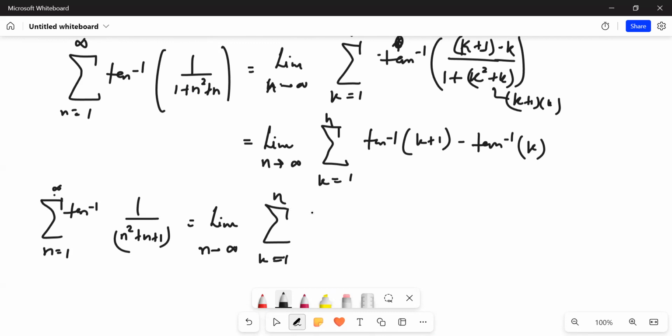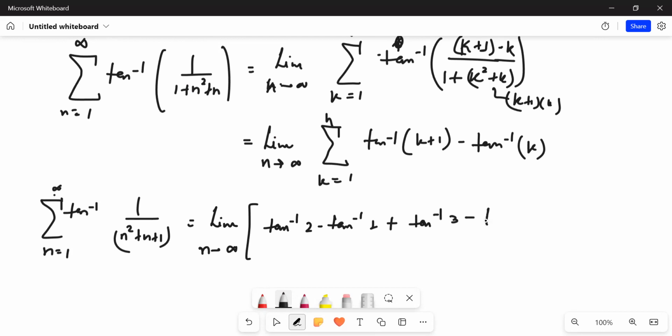Now, if I just start placing the values, what will I get? Just place 1 here. This will be tan inverse 2 minus tan inverse 1. Place 2 here. This will be tan inverse 3 minus tan inverse of 2. Place 3 here.